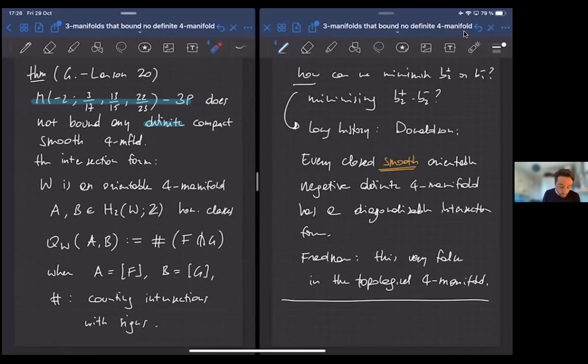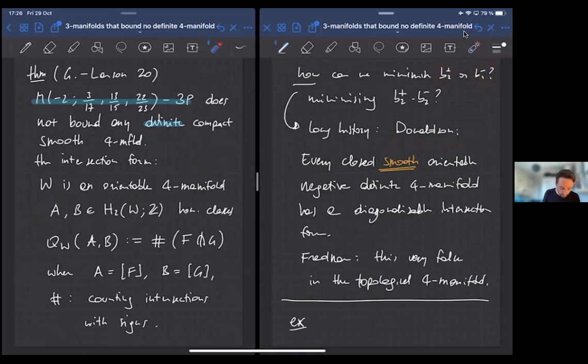And I guess that up until very recently, it was not known whether one could achieve zero according to this weird form of complexity. What was known, actually using Donaldson's theorem, was that many 3-manifolds could not bound something positive definite or something negative definite, but mixing the two so far had seemed elusive.